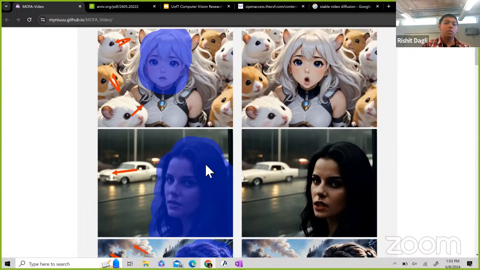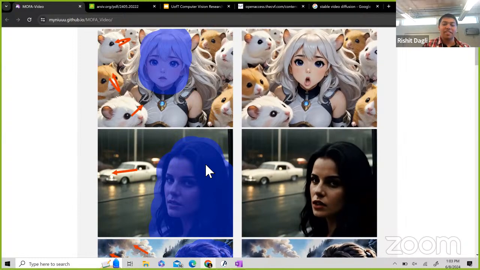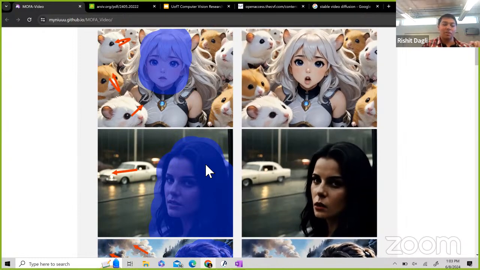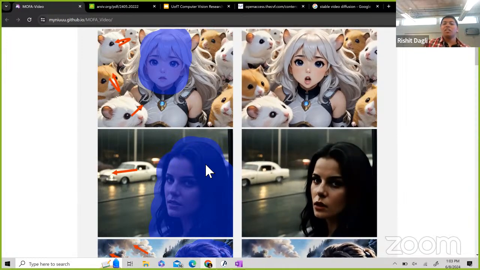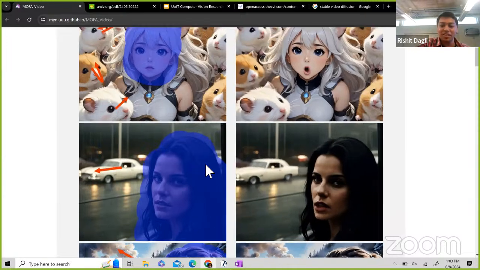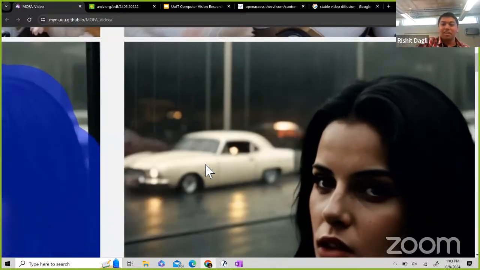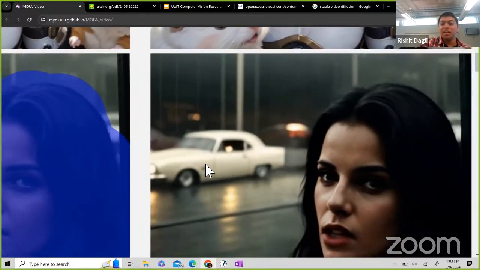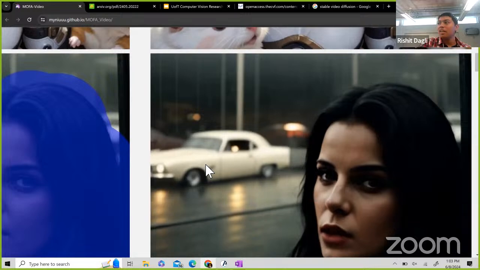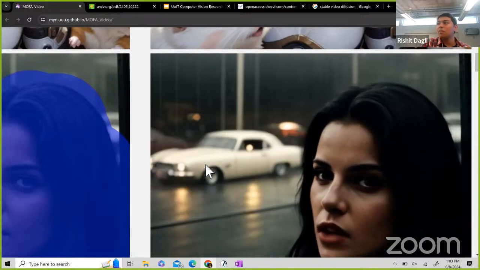There are a few problems with this that just happened to catch my eye when I was reading this earlier. One is it's actually failing motion. See this one, the motion is not proper. You see the red thing moving in the background, which we don't expect.